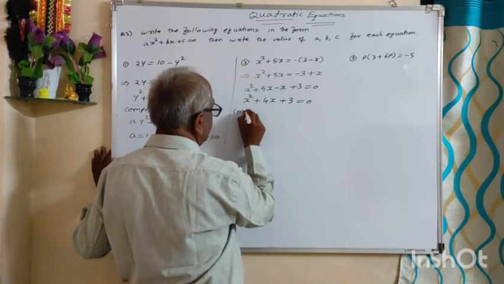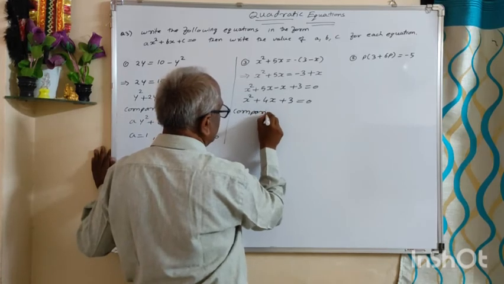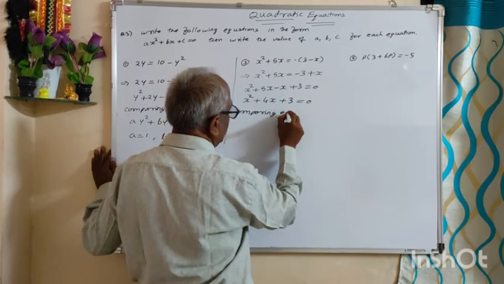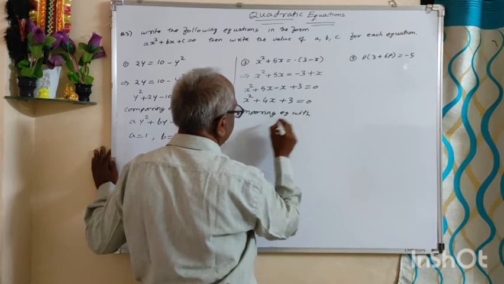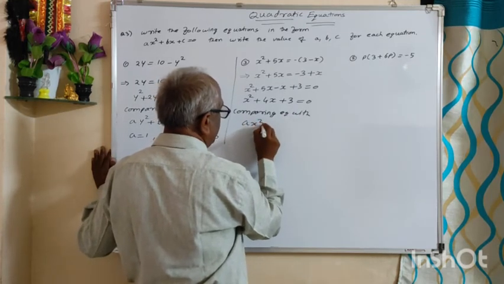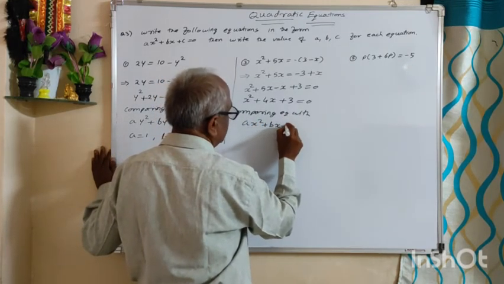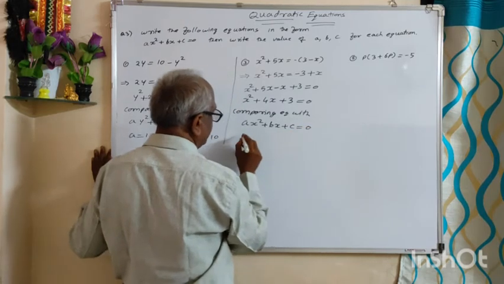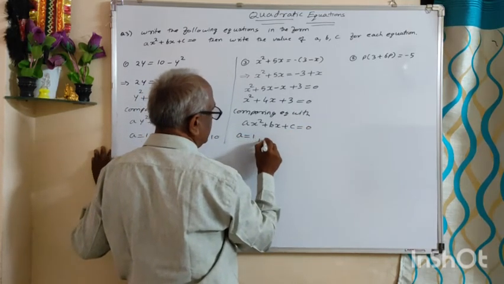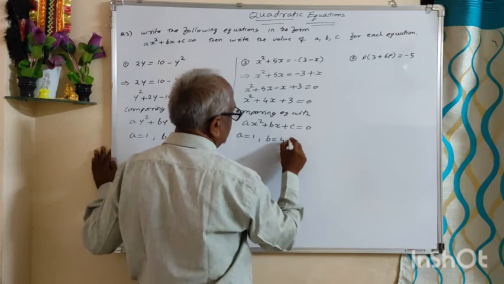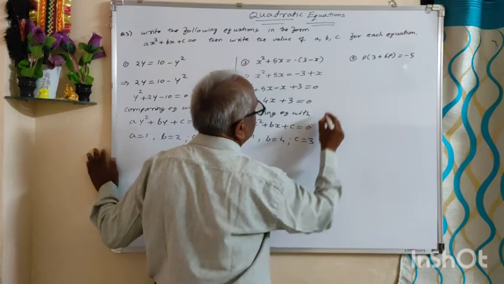That is, comparing the equation with ax square plus bx plus c is equal to 0, where a is equal to 1, b is equal to 4 and c is equal to 3.